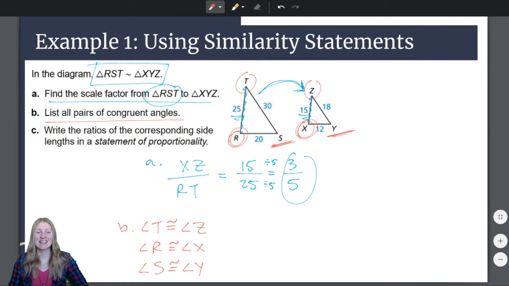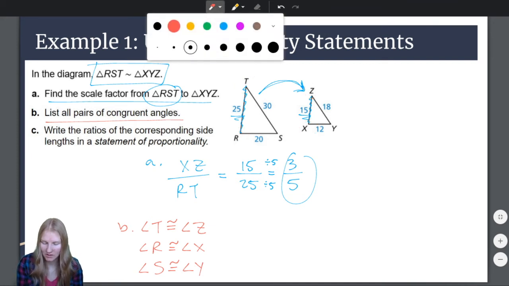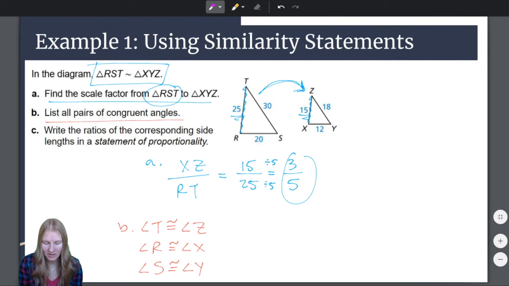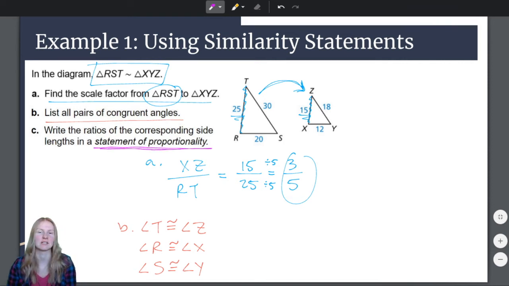All right, and lastly, we want to write the ratios of the corresponding side lengths in a statement of proportionality. So, we found our scale factor, we found our corresponding angles, now we want to know how do the sides relate to each other, right?